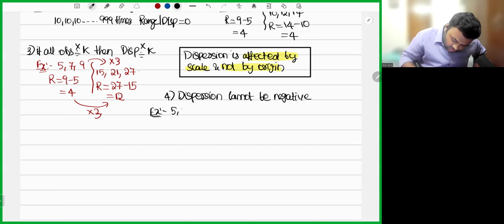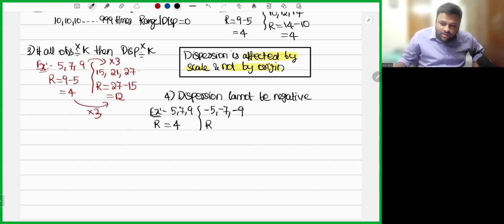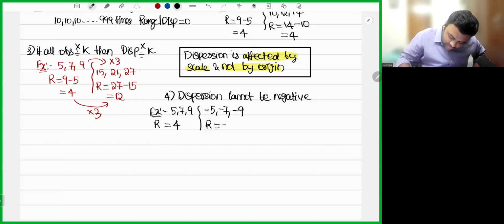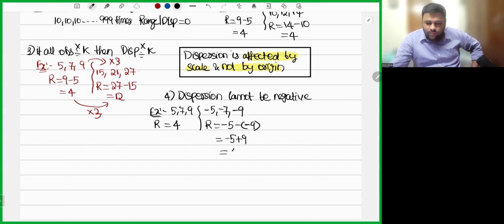What is range? 4. I'm having minus 5, minus 7, minus 9. How will you calculate range? Highest observation. What is highest observation here? Minus 5. What is lowest observation? Minus 9. So minus 5 plus 9, which is equal to 4.